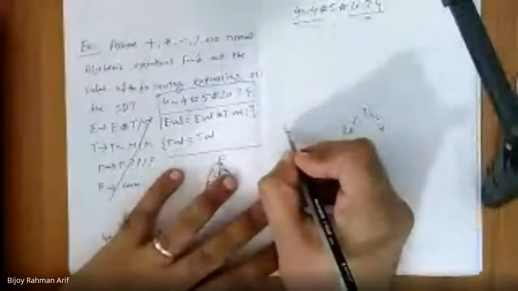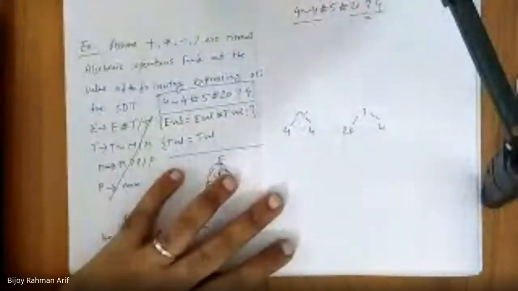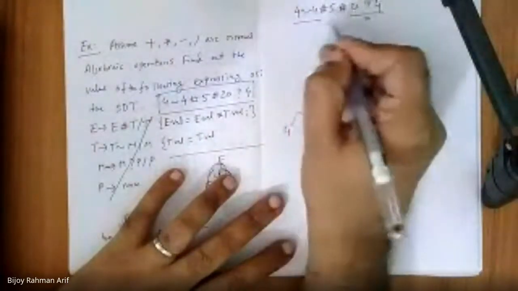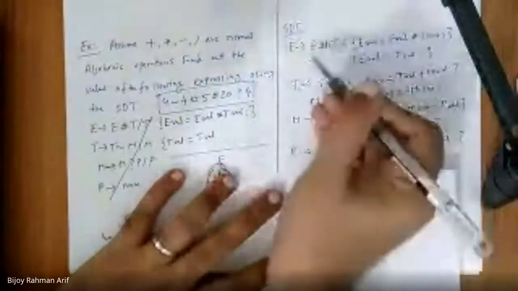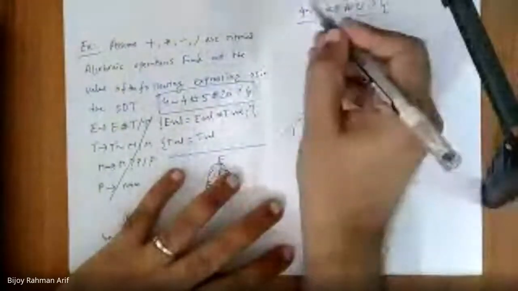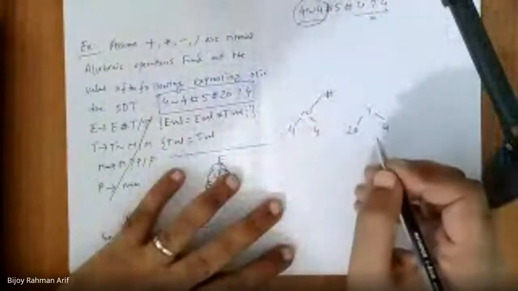So 4 wiggle 4. After that, which one am I going to do? There are 2 hash. Among the 2 hash, hash is left associative. So I have to do the left hash first. The left part is this, so hash, this one.